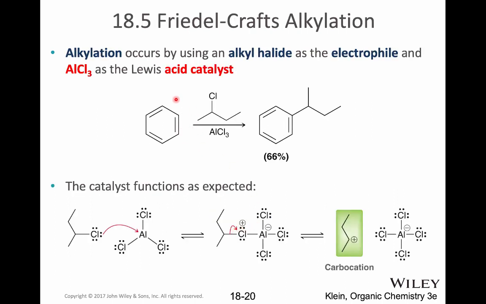The next reaction that we're going to cover is the Friedel-Crafts alkylation. In the Friedel-Crafts alkylation, you take an aromatic ring with an alkyl halide, and I can substitute that hydrogen for an alkyl group. Similar to the halogenation, you need a Lewis acid catalyst. The halogen attacks the Lewis acid catalyst to give you this Lewis acid-Lewis base complex.